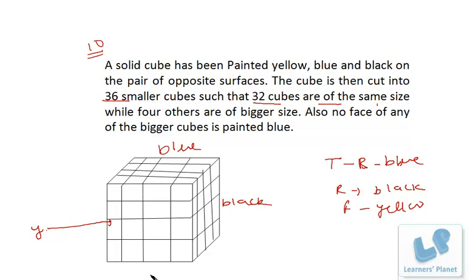The only area we are left with is the middle portion. So 1, 2 and 3 and backside this. Okay, 4 pieces will be there when they will be having yellow or black but no blue. Okay, so we have to go this way only.